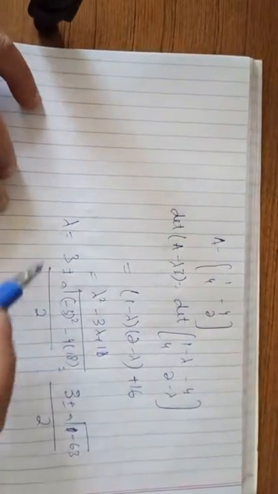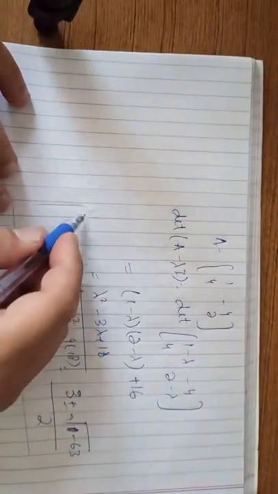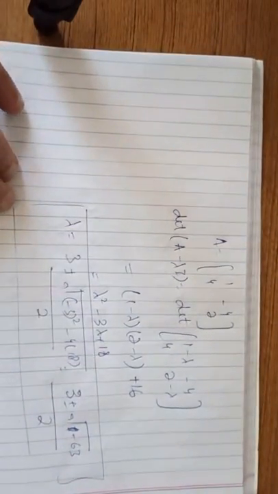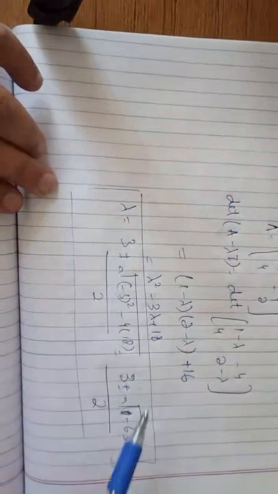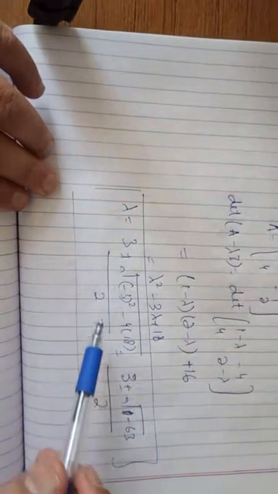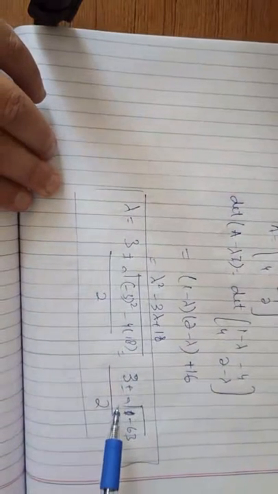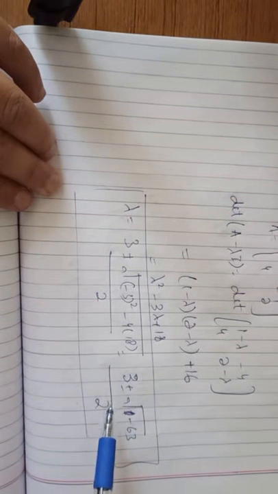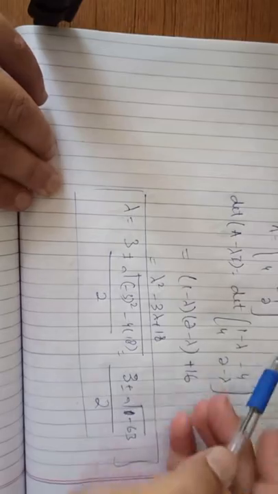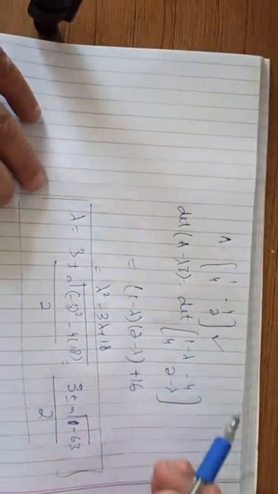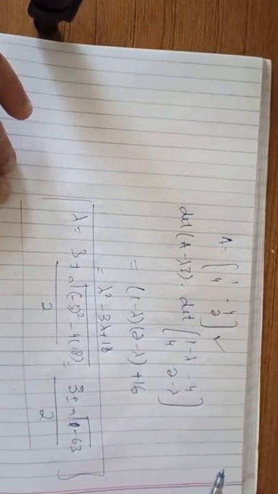So you can see here the characteristic equation has no real solution. I mean, the eigenvalues that we are getting from this are actually complex values. So this matrix A does not have any real eigenvalues.